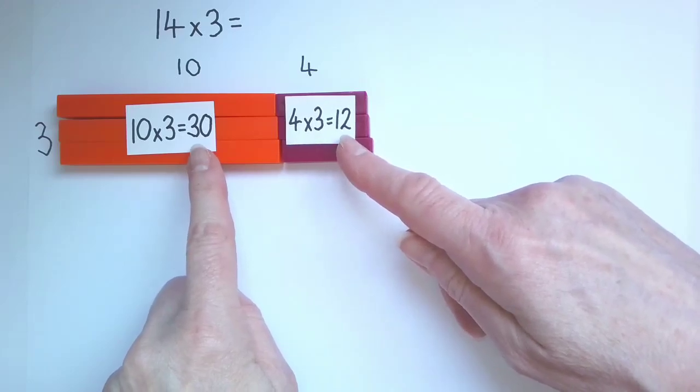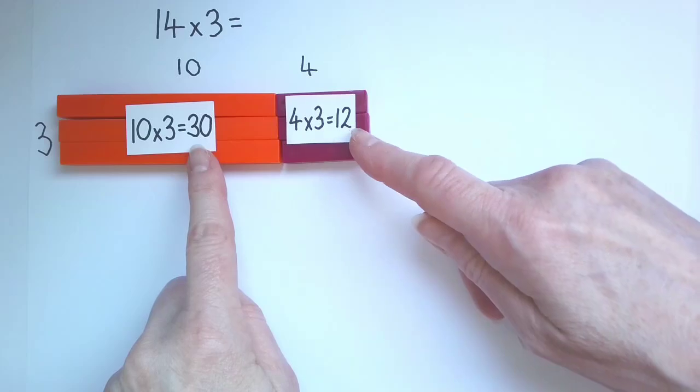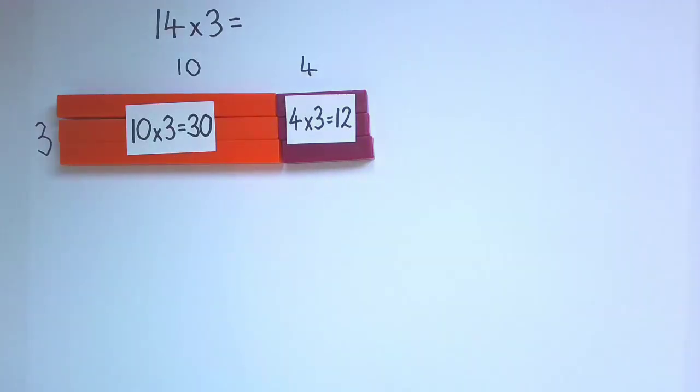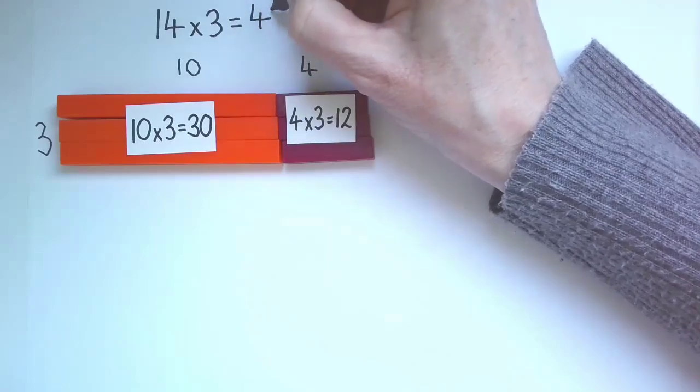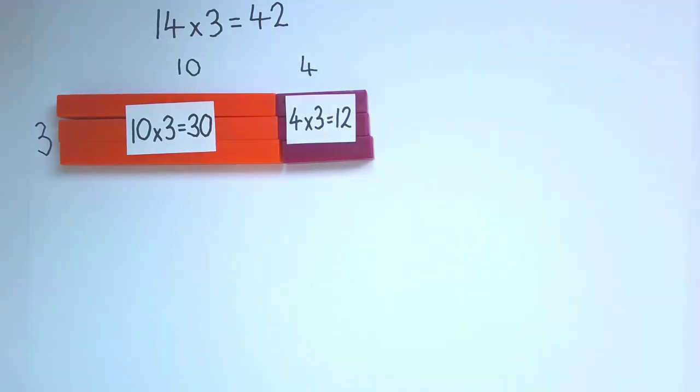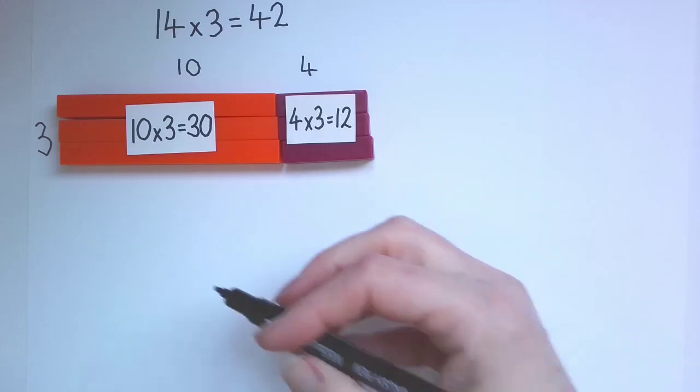So 30 plus 10 would be 40, and then 2 more, 42. So 14 multiplied by 3 equals 42.